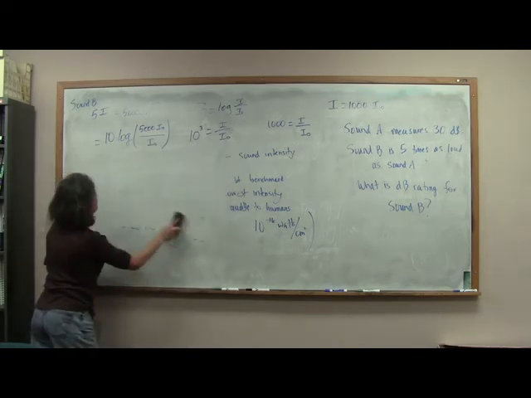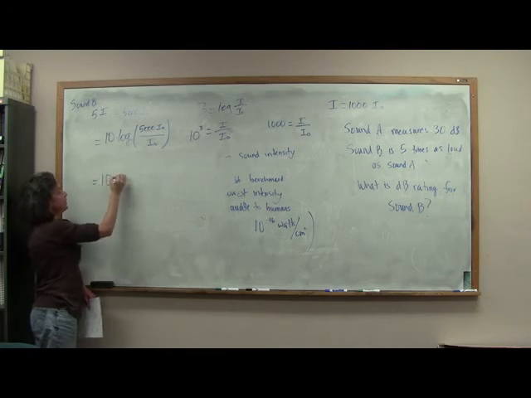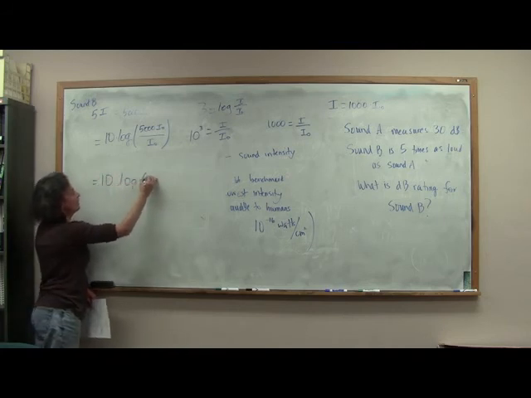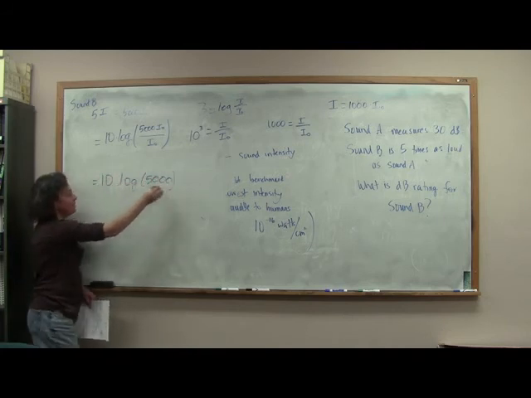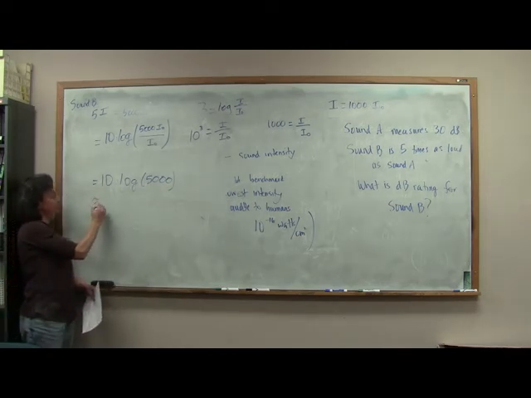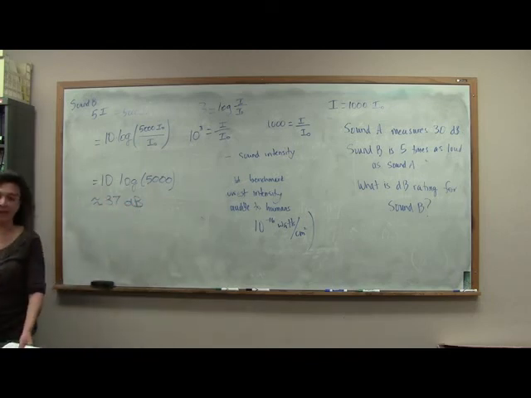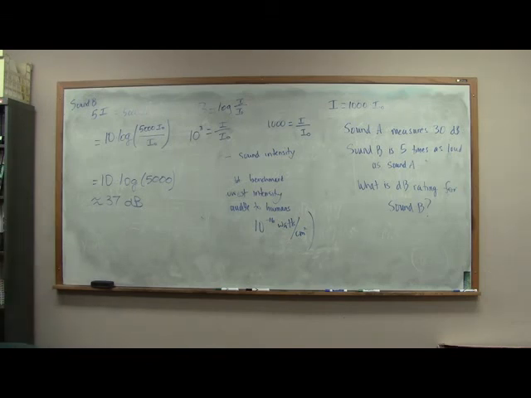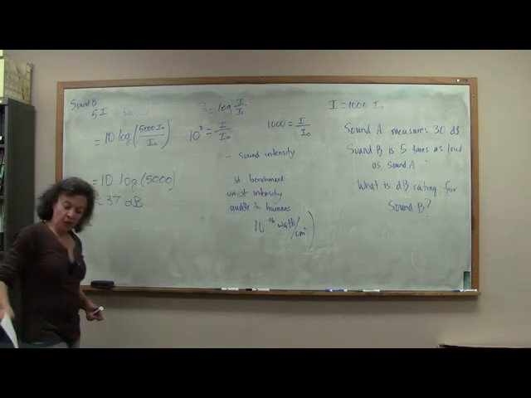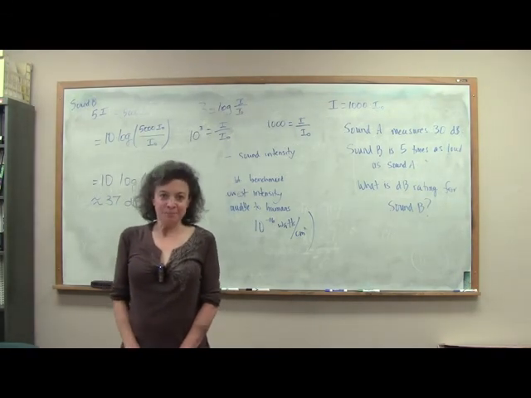All right, well, we can certainly play with that. We have 10 times the log of 5,000. My I sub 0's cancel. And if you do those computations in your calculator, you'll see that we get 37 decibels. All right, that finishes up section 5.3. Have fun.